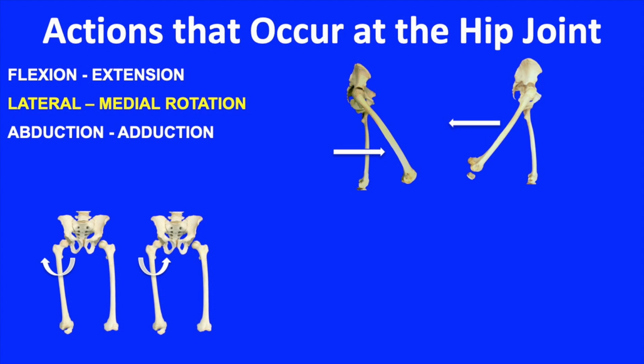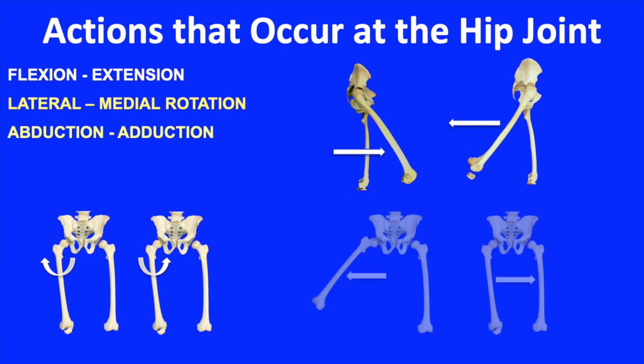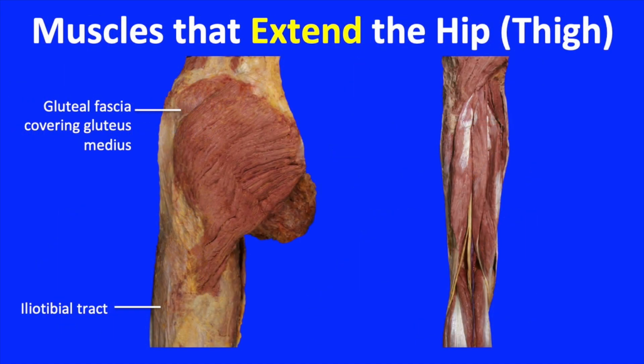Lateral and medial rotation, where the thigh turns inwards or outwards within the acetabulum. And finally, there is abduction and adduction of the thigh, when the thigh is moved away from the sagittal plane and then brought back towards it, respectively. Let's look at the muscles that bring about these actions.